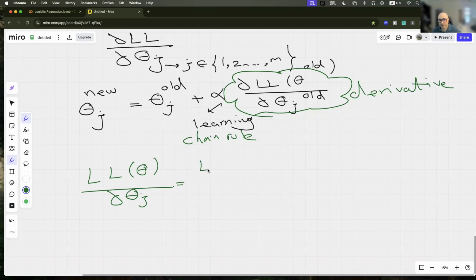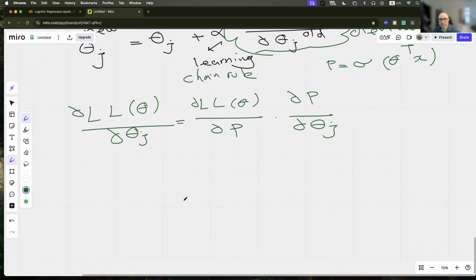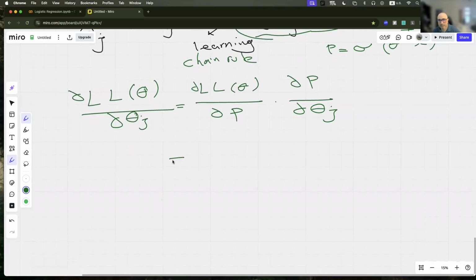So I can take the derivative with respect to p, times the derivative of p with respect to theta j. I've defined p as my sigmoid function. Again, this is a vector. I define p as the sigmoid function because of the chain rule, and we'll see what happens.